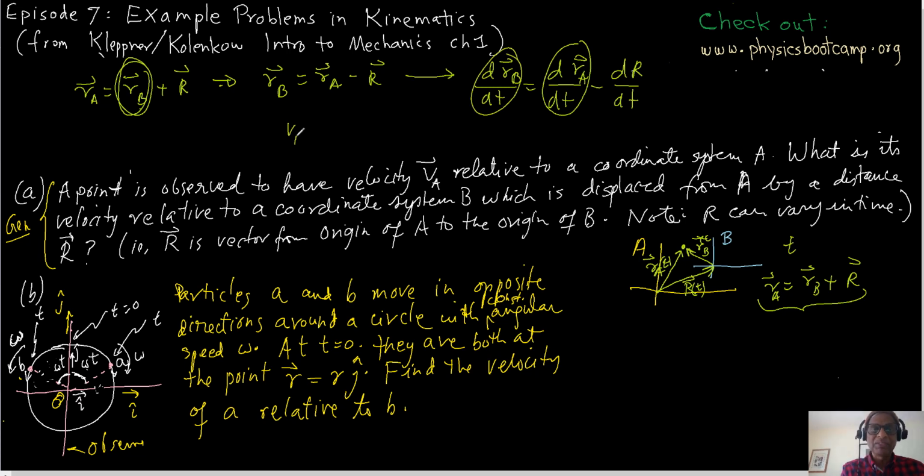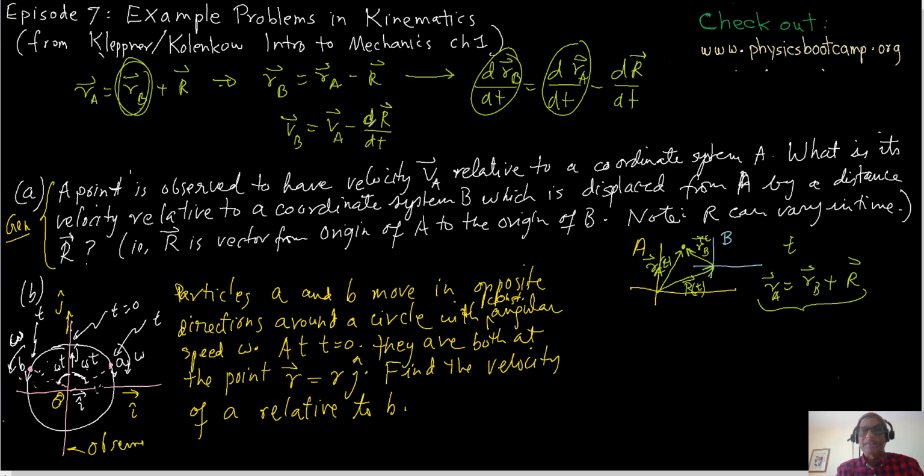So it's very easy to see that the velocity with respect to B, which is what we want to know, is equal to the velocity of A minus how fast B is moving with respect to A, dr/dt.